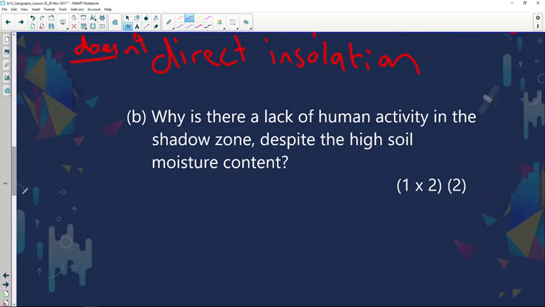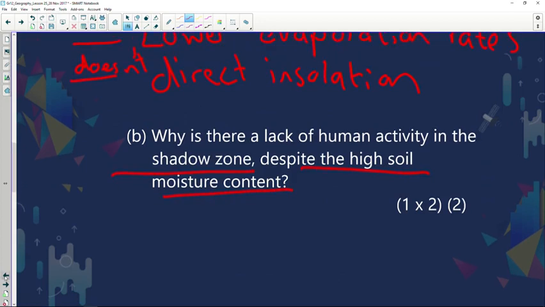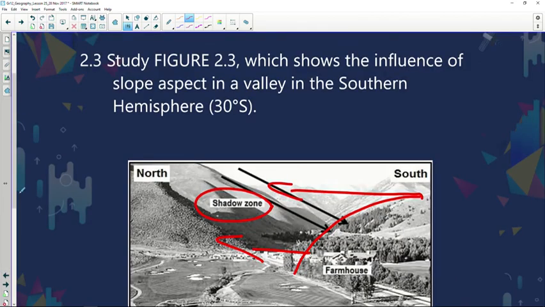Now, if we look at question number B, why is there a lack of human activity in the shadow zone despite the high soil moisture content? If you compare the shadow zone to the north-facing slope, you can see that it's got a steeper gradient, and because it's got a higher moisture content, there's going to be more damp being experienced, and definitely the shadow zone is going to experience cooler temperatures.